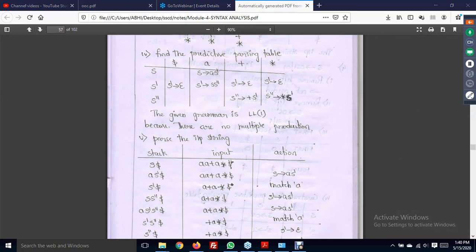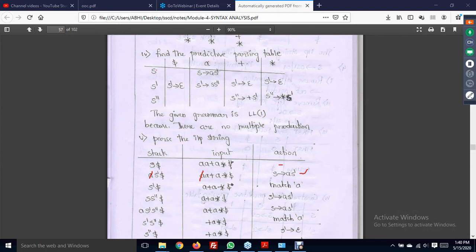So I have stack S and dollar, input with dollar. Initially I don't have any action. I encountered S with A. So S with A, what do I have? S tending to A S dash. So S becomes A S dash dollar. So A and A get cancelled. This is how exactly we need to do it. So I am left with S dash dollar and the remaining input dollar.